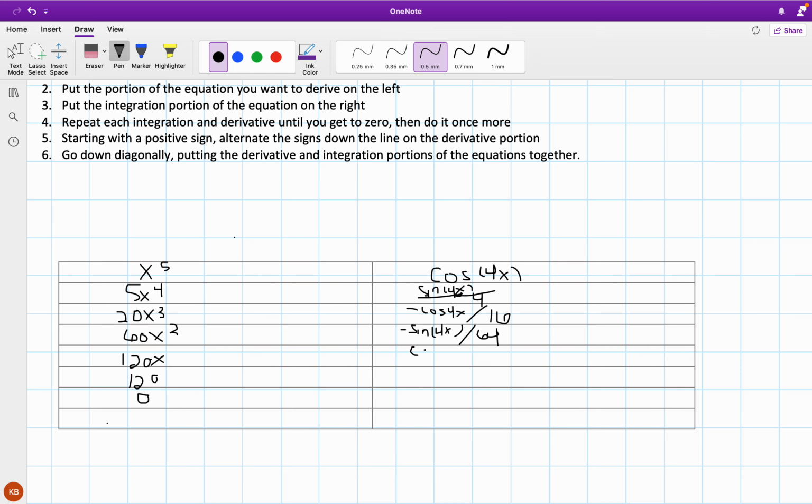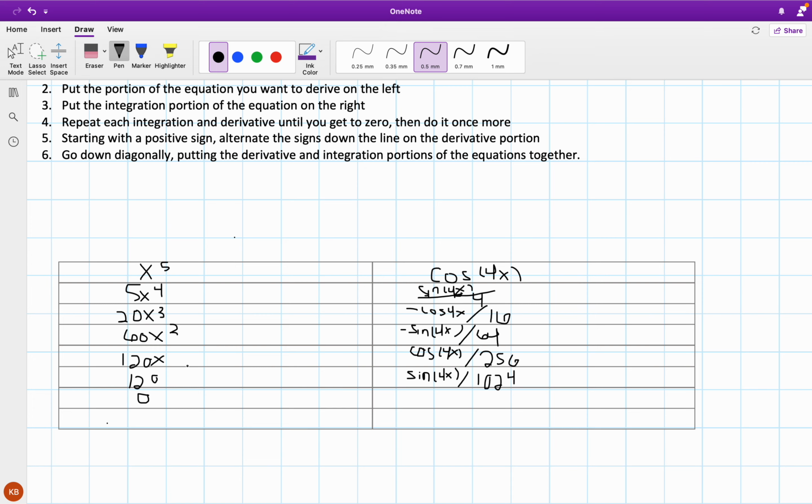The integration of negative sine 4x over 64 is positive cosine 4x over 256. The integration of this is going to be sine 4x over 1024.